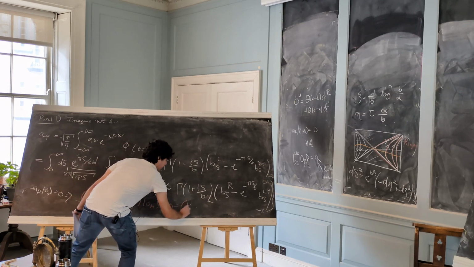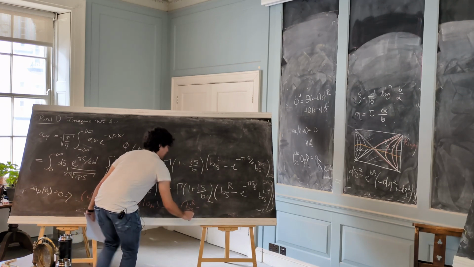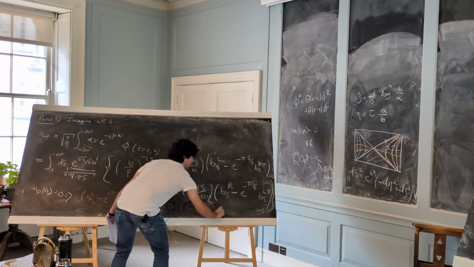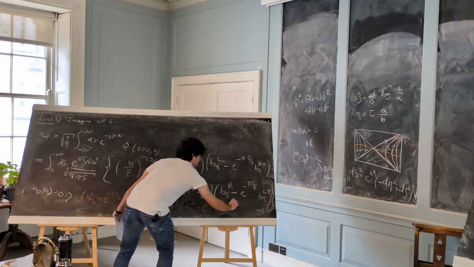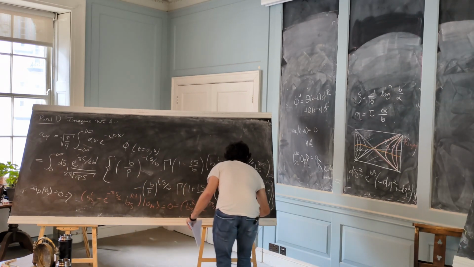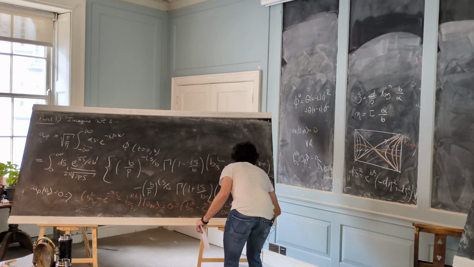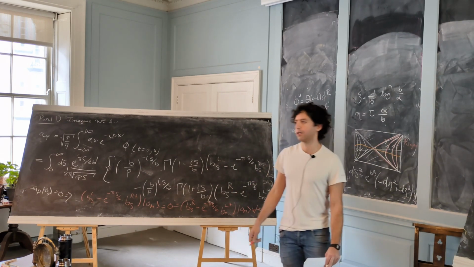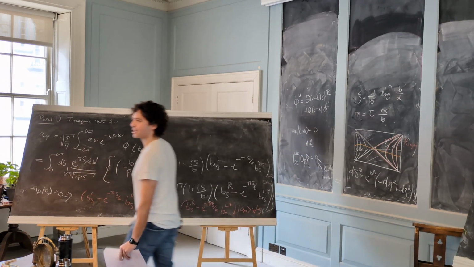And also you need b_sR minus e to the minus pi s over b b_sL dagger on the Minkowski vacuum equals 0 for all s. If that's true, then everything is consistent, right?